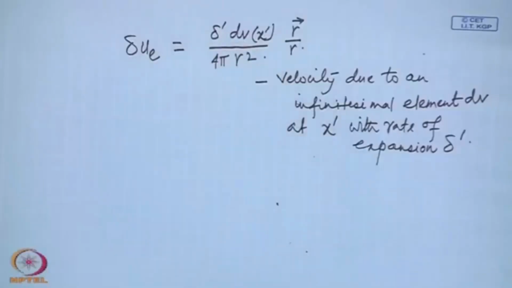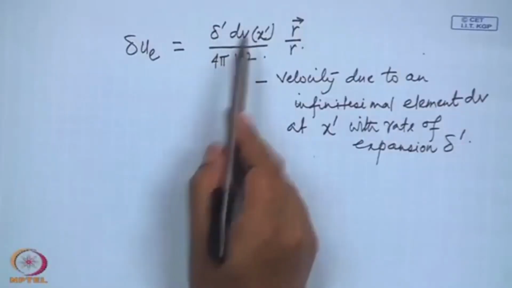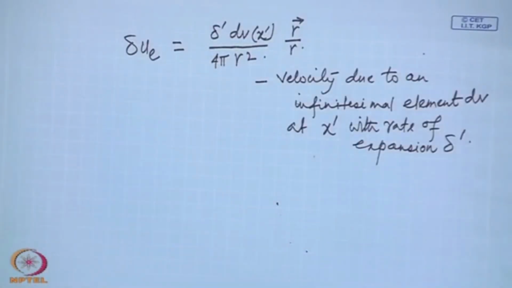So, this much is the volume expansion over that dV prime, meaning that if we consider say a spherical volume, then the rate of expansion within that spherical element is given by this quantity. We can also think of that as if there is some sort of source which produces volume within that small element at the rate of delta prime.